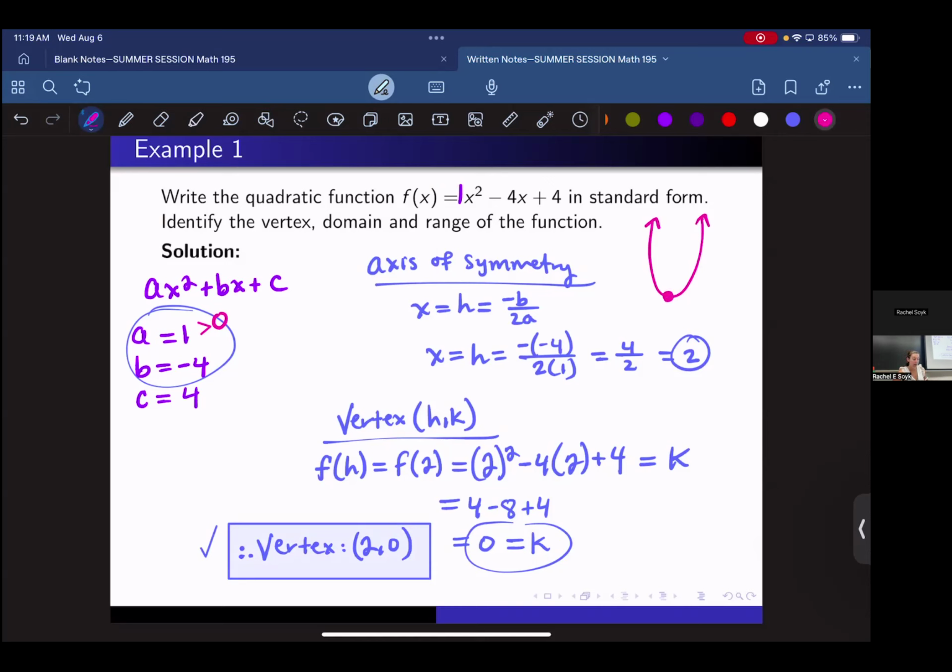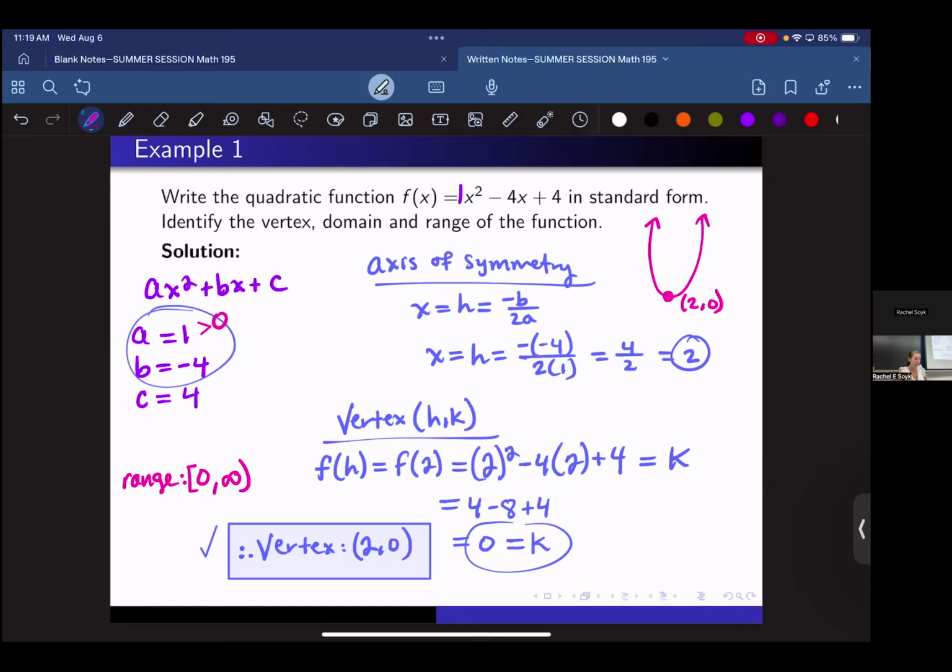And that minimum is at our vertex, 2, 0, which helps us with solving for our range. The smallest possible y value is 0, and then there is no max, so it shoots up to infinity.